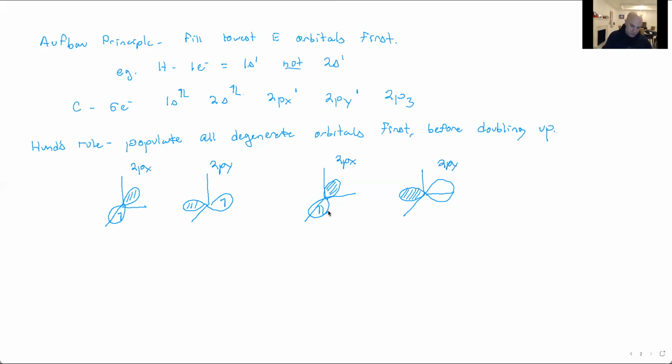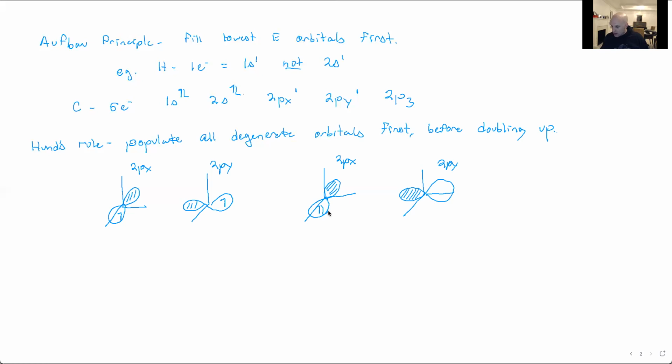And so we've defined the quantum mechanical terms n, l, m sub l, m sub s that describe an electron. We said that no electron in any atom or molecule can have four identical quantum numbers, or no two electrons can have four identical quantum numbers.